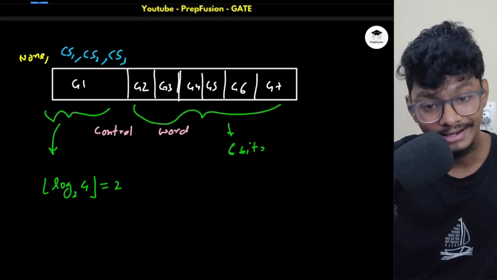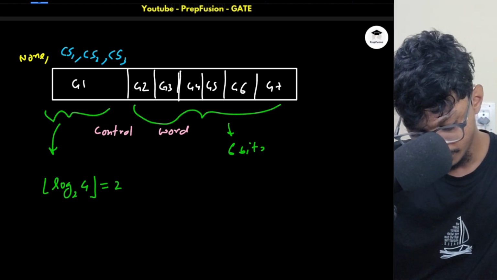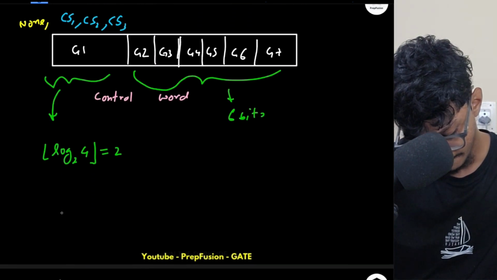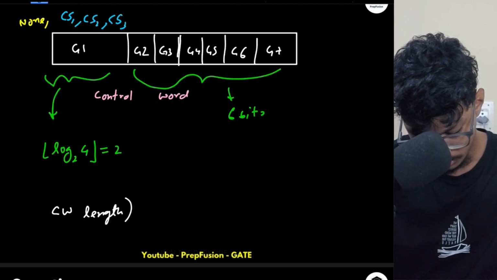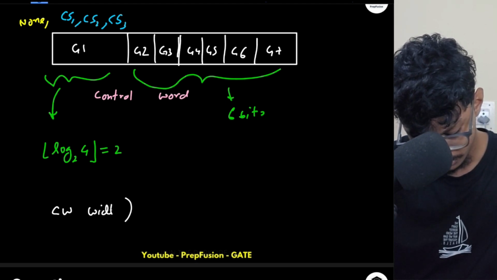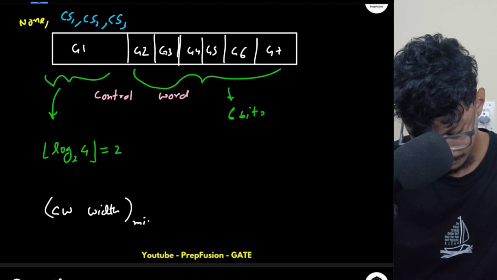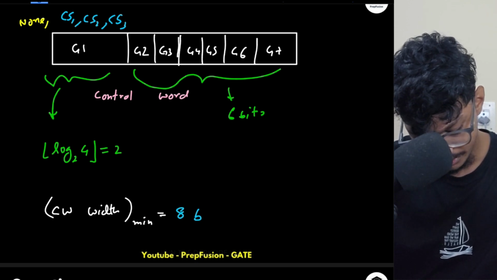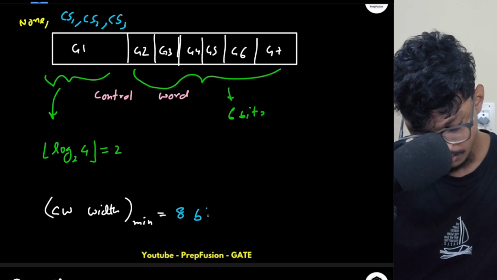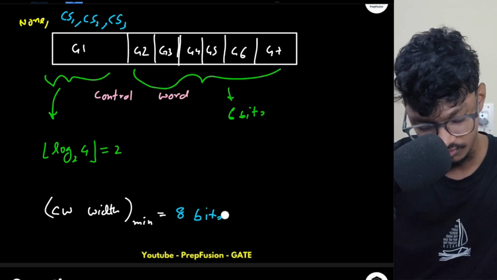So the minimum length of the control word, or sometimes they call it width, is 8 bits, or a byte.